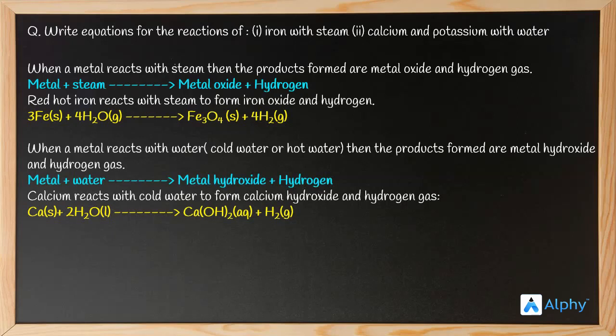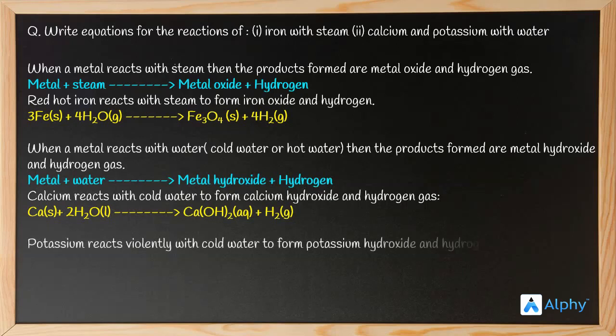Now we have covered almost 50% of the question. We have discussed iron with steam and calcium with water. The last part is potassium and water. The reaction has quite some importance because it's quite vigorous. Potassium reacts violently with cold water to form potassium hydroxide and hydrogen gas.